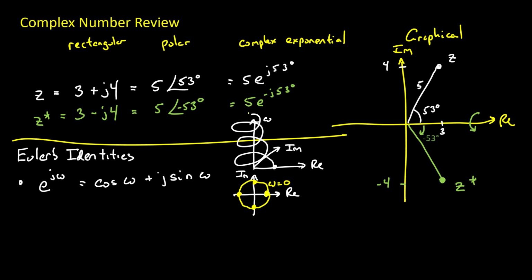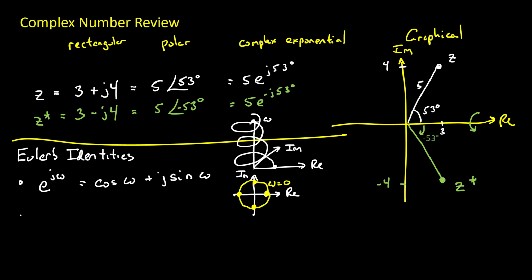And what we're seeing here is this graph up here projected down flat onto the real imaginary axis. So this graph in yellow is this equation here, graphed as omega increases between 0, 90 degrees, 180 degrees, 270 degrees, 360 degrees, and so on.